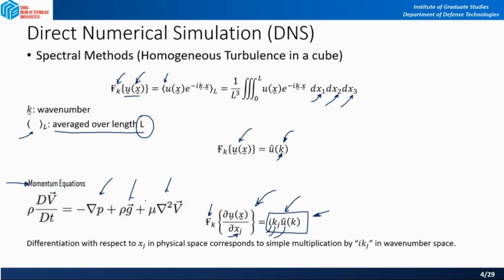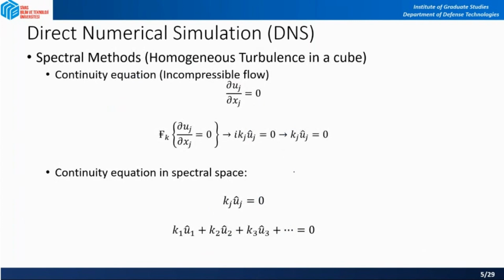So the differentiation with respect to xj in physical space will correspond to only a simple multiplication by ik in wave number space. This is very important for us. One example I'm going to give you is the continuity equation. You know the continuity equation for any incompressible flow is duj dxj equal to 0.